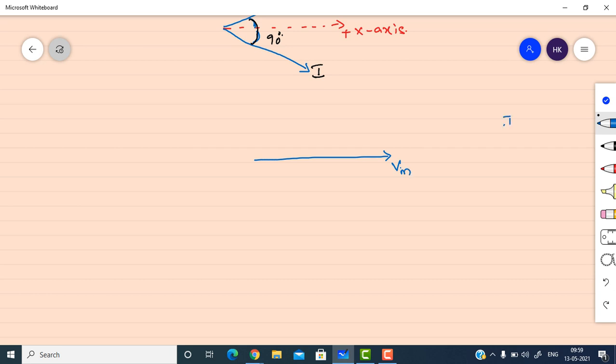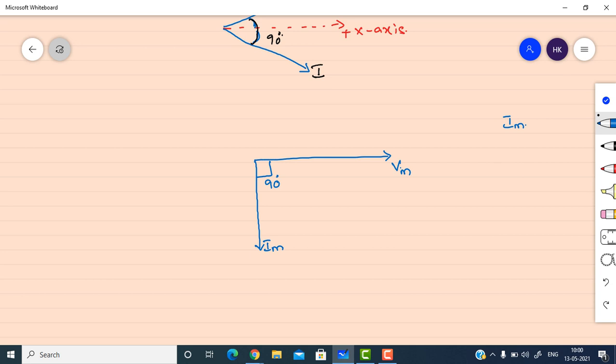And one more phasor is the current phasor, that is Im. Then where do I have to draw the current phasor? Below this Vm or above this Vm? Below. Lagging nature means it should be behind this voltage phasor. This is Im, and by an angle of 90 degrees. The current is lagging the voltage by an angle of 90 degrees.